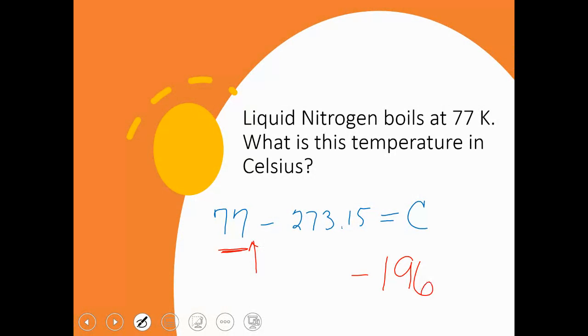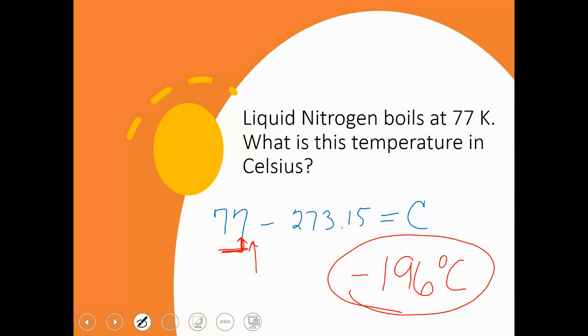I'm going to round my answer off to the ones place, which is the smallest place I have here. And I get negative 196 degrees Celsius. If you had negative 196.15, you did it right. It's just that you have to later learn sig figs to be able to get this correct.